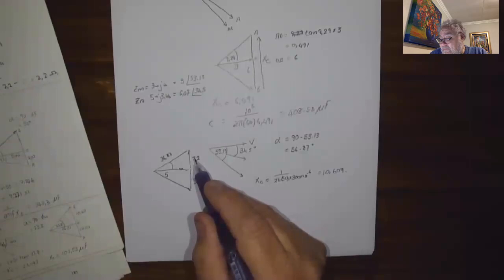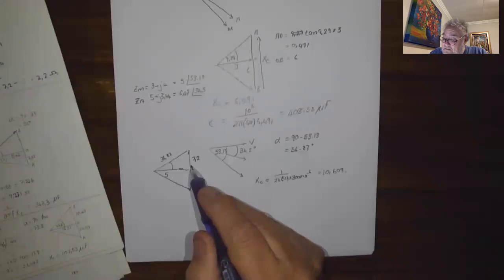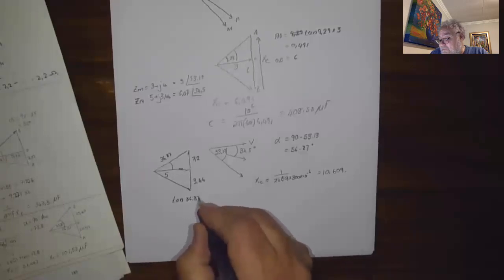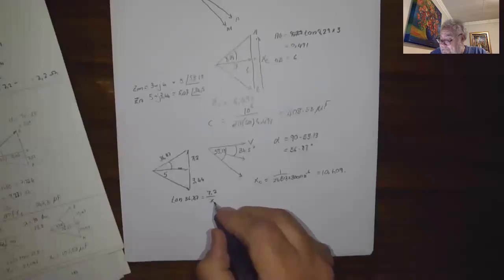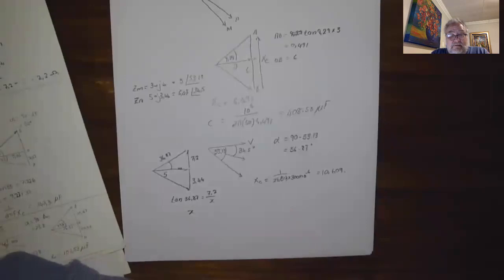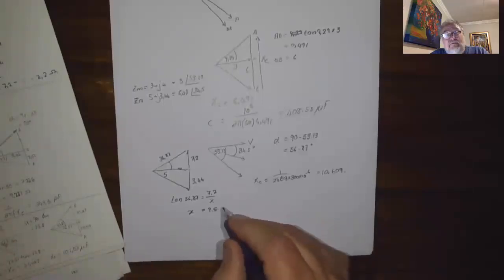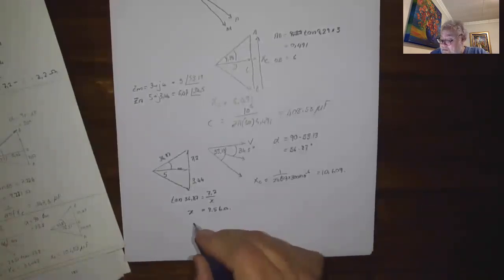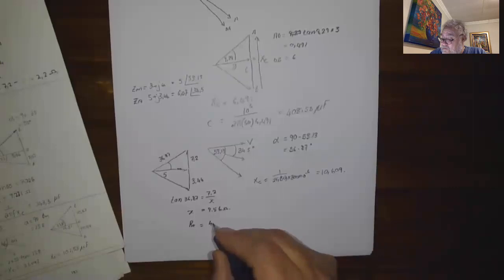Tan of 36.87 is 0.75 over, let's say, x. So x is 7.2 divided by tan of 36.87, which gives 9.56. And if we subtract 5 from that, our external resistance is 4.56 ohms.